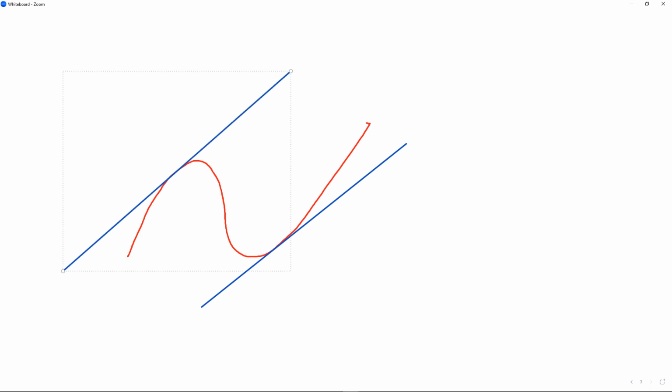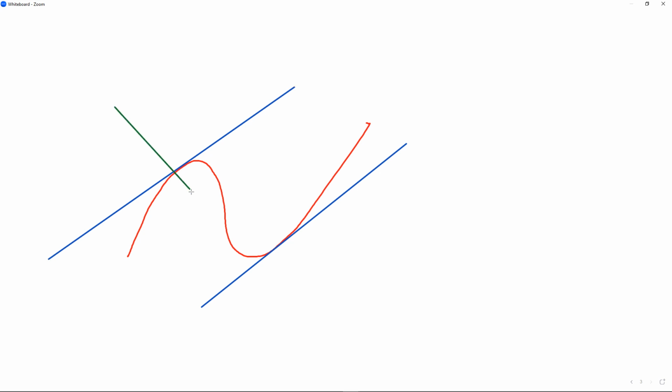And because you have two parallel tangents, you will have two parallel normals as well. So let's say this is parallel. It will end up there somewhere. The normals will also be parallel to each other. And there'll be two of them as well. So there'll be one over here, and there'll be one over here.